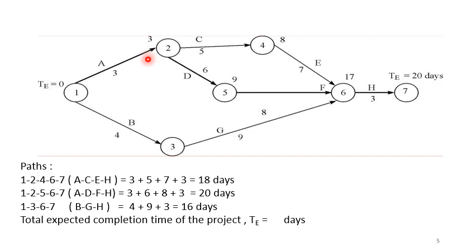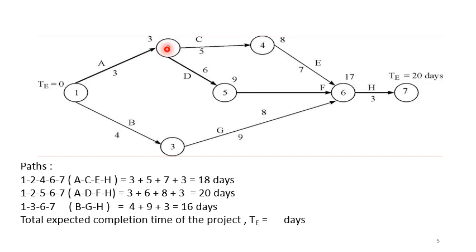The events are numbered in the nodes, and each event is the start or the end of a particular activity. For example, if A is an activity with an expected time of 3 days, 1 will be the event start of activity A. Similarly, 2 will be the event end or finish of activity A. Now, since an event does not consume time, the end event of activity A will become the start event of the next activity.